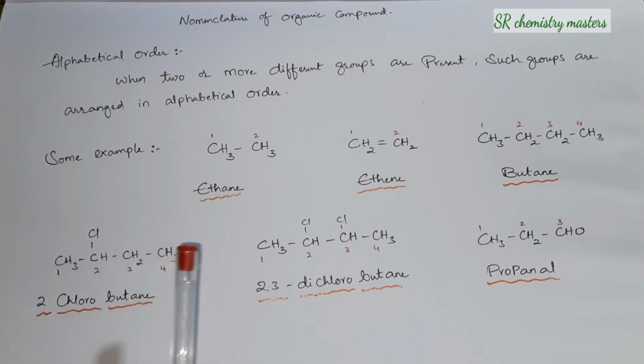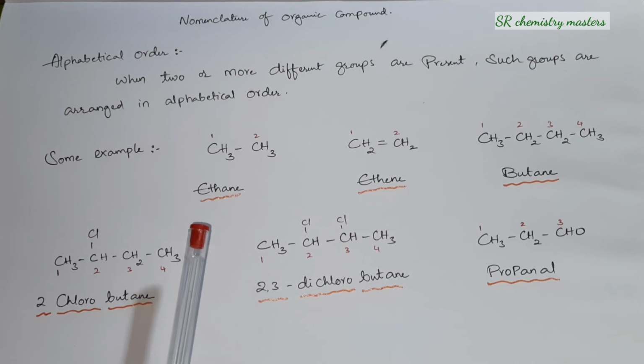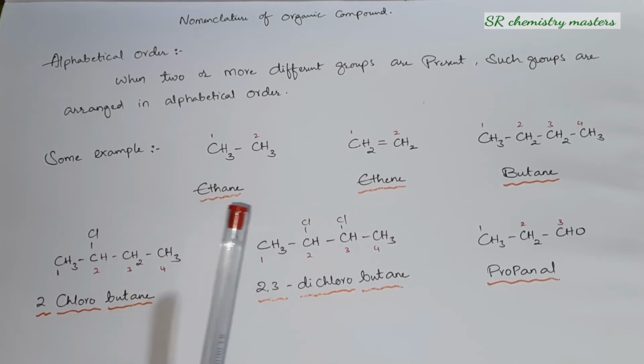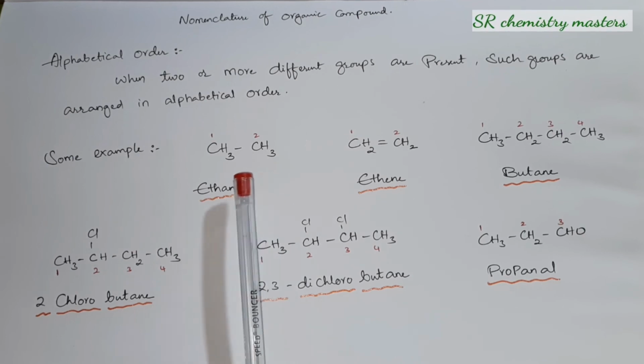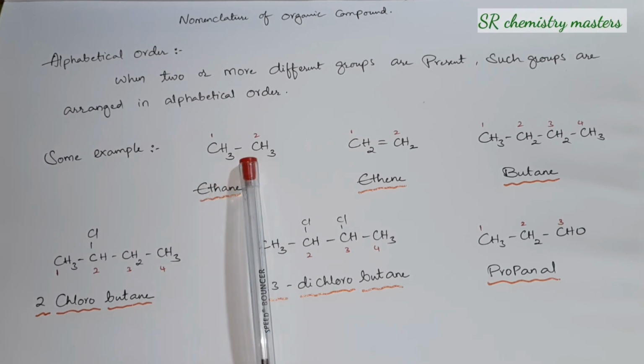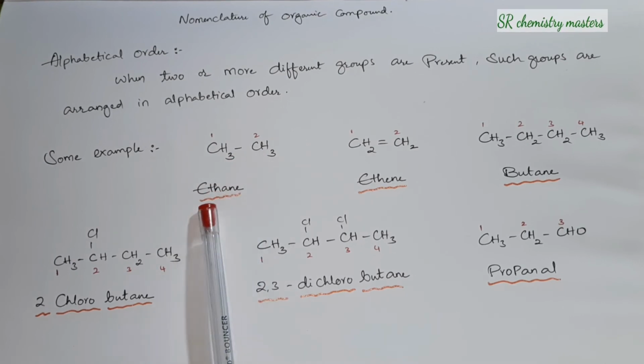Let us discuss some examples of organic compounds and see how to write the name of an organic compound. For example, the first carbon compound we have taken is a 2 carbon compound. If there are 2 carbons, we are going to take the word root as eth.